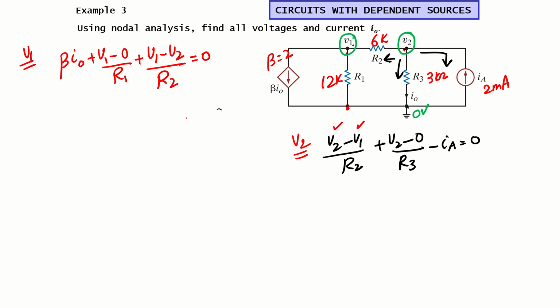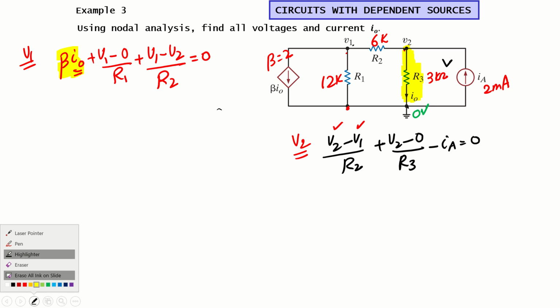So we have three variables: V1, V2, and I naught, which was our control variable. Whenever we have such a scenario with a control variable, we look at the circuit and try to find out where exactly this control variable is. If we look at this circuit, we can find that I naught is the current going through this resistive R3 branch.